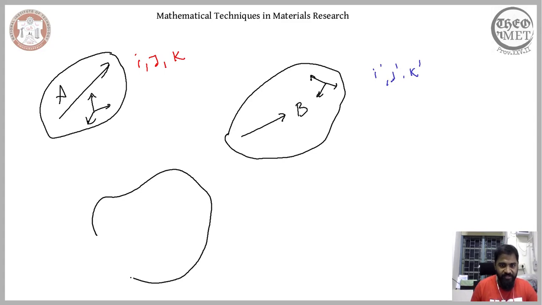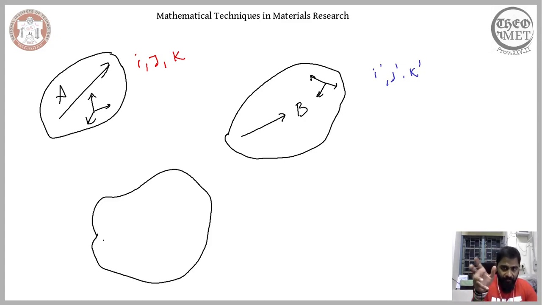This is our new space. While creating this new space, we have rotated the coordinate system of the B space in such a way that both the A vector and the B vector align on the same plane. So we are merging two different spaces, creating a new space.